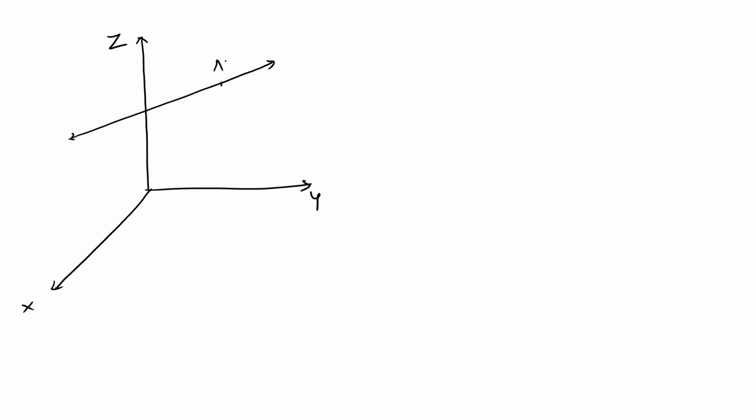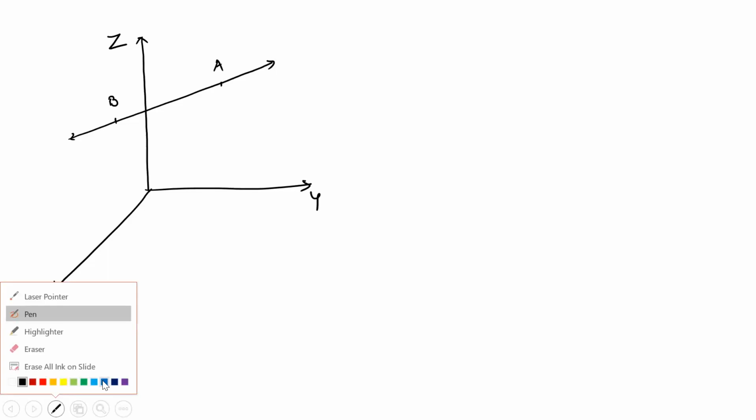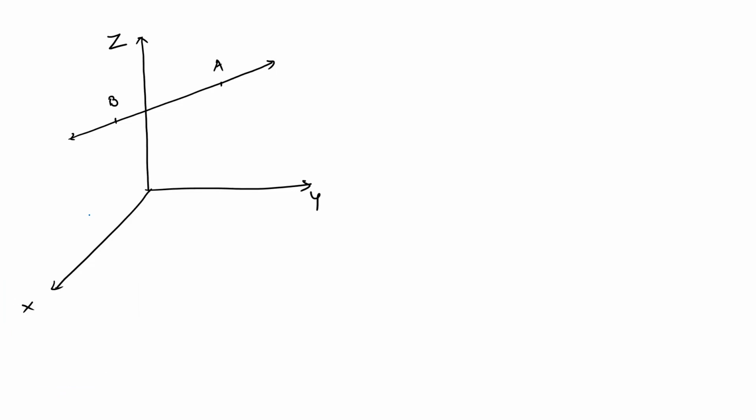Suppose some line AB is not passing through the origin. So how can I make alpha, beta, and gamma? In this case, we can draw any other line which is parallel to AB but passing through the origin. Let's try to draw it in such a way that it passes through the origin.